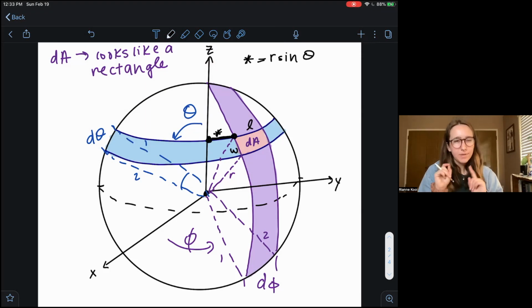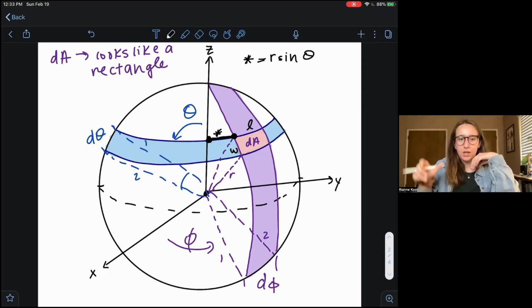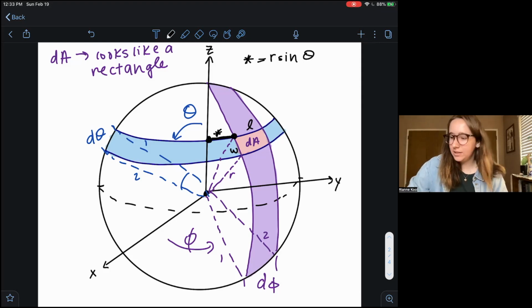I know it's a little bit difficult to see, but imagine the strip is wrapping around the sphere. And so the distance that I labeled with the star is however far away you are from the z axis. So it is not from the origin, because from the origin to where we are is r, but we wanted that little distance there because we want to find out what this L is.